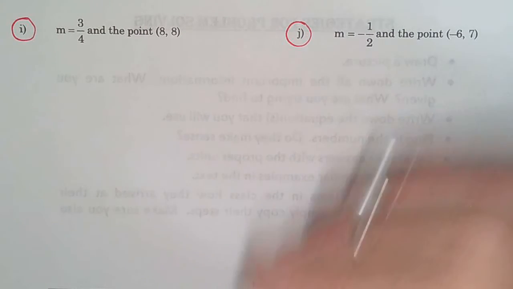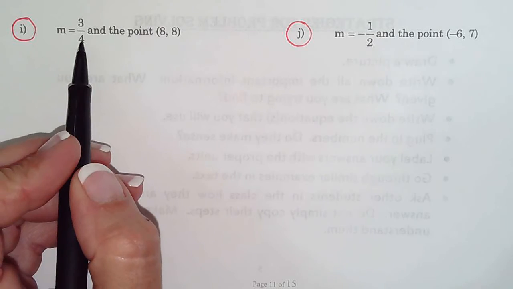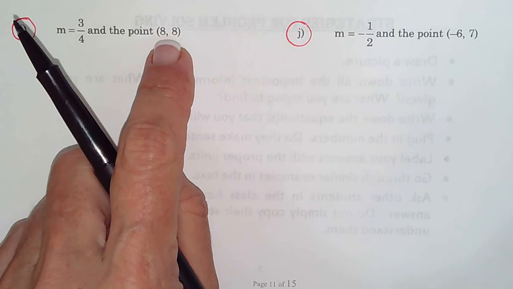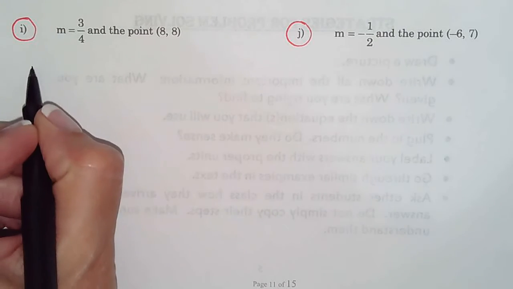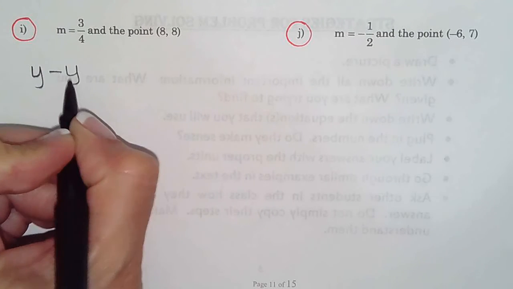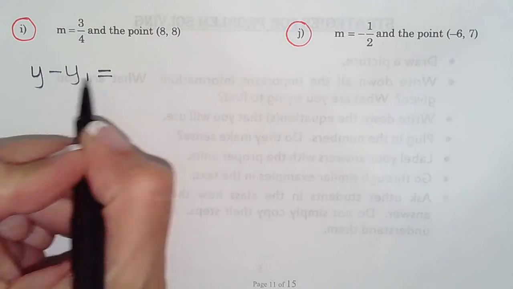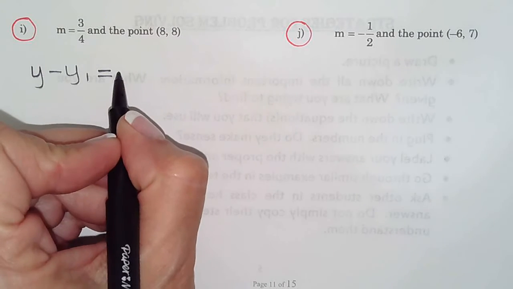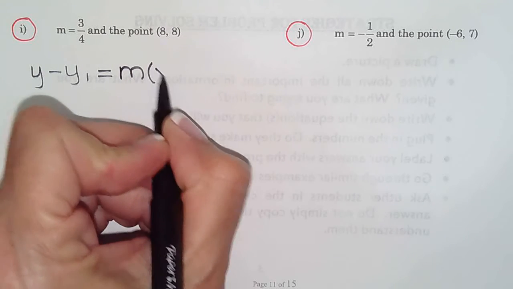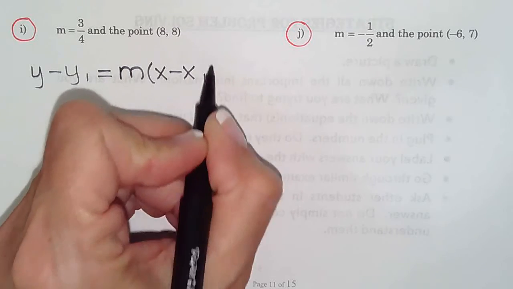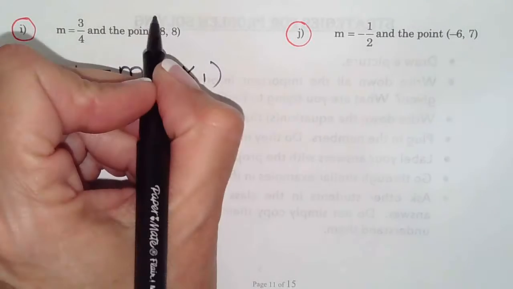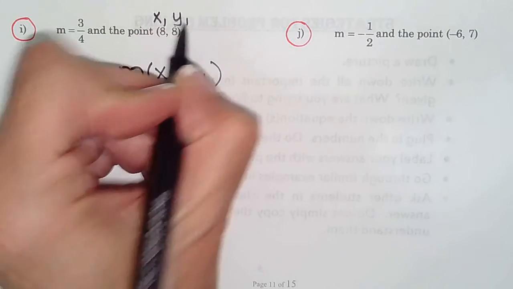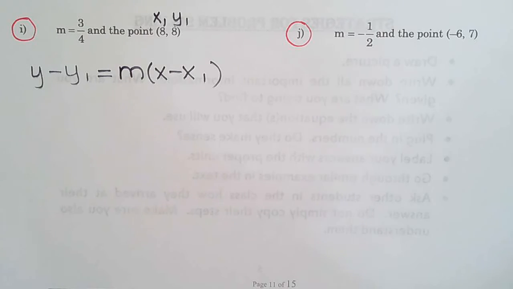Okay, so now we have a fractional slope and we have a point that's not the y-intercept. So that tells me I need to use my point slope form. Y minus y1 equals m times x minus x1. And this is my x1, this is my y1, which we really don't have to label since they're the same number.